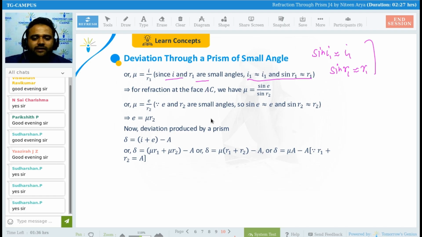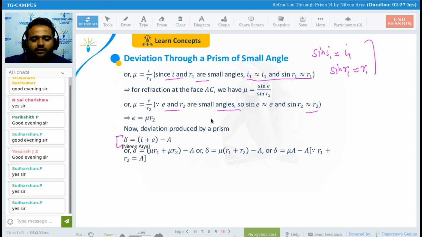For the refraction at the surface AC, mu equals sin E by sin R2. So mu equals E by R2, because E and R2 are small angles, so sin E equals E and sin R2 equals R2. So E equals mu R2.